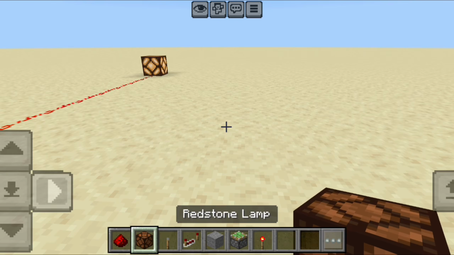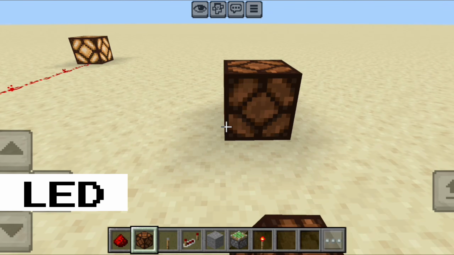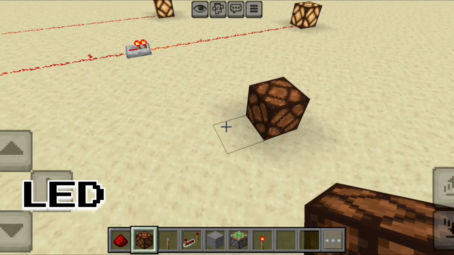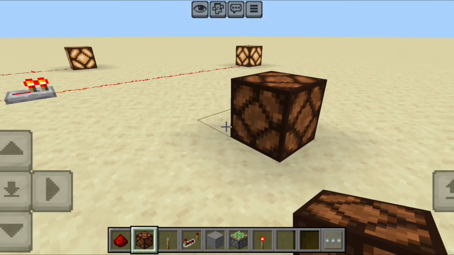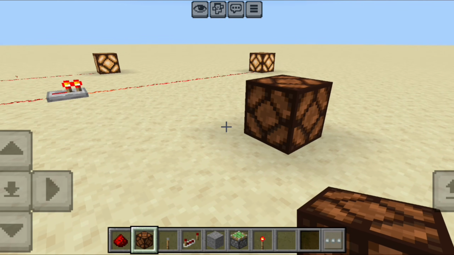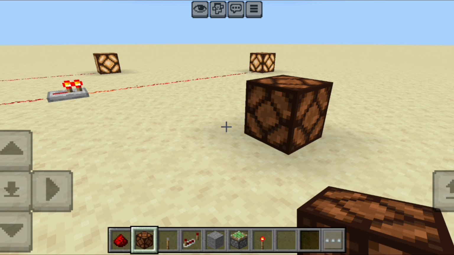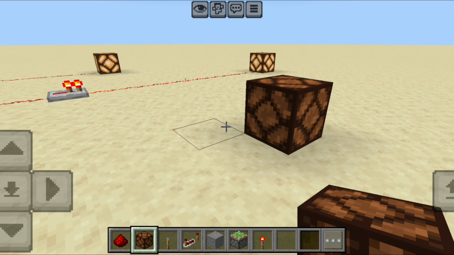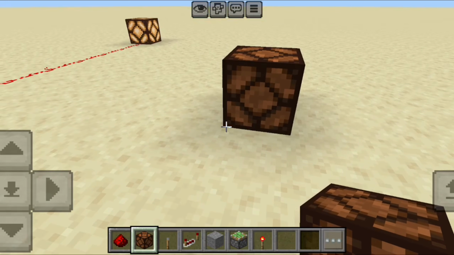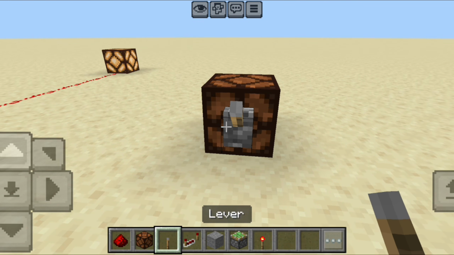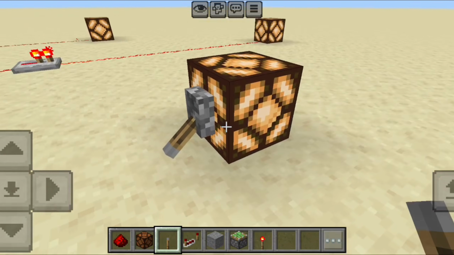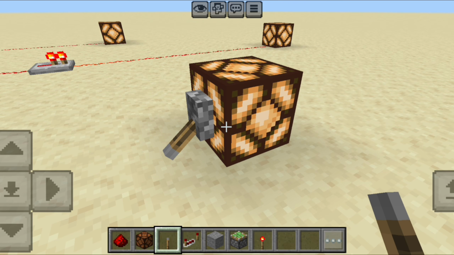Now let's move to the next component, the LED. LED stands for light emitting diode. It sounds very complex, but look at this redstone lamp. If I turn power on, the light glows.